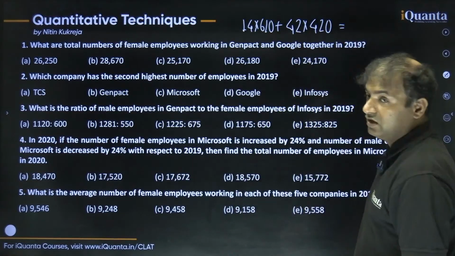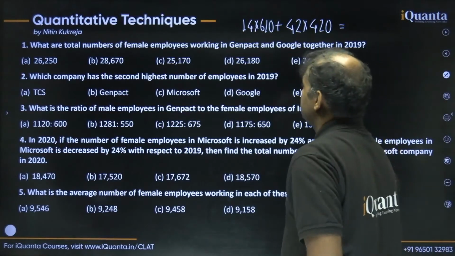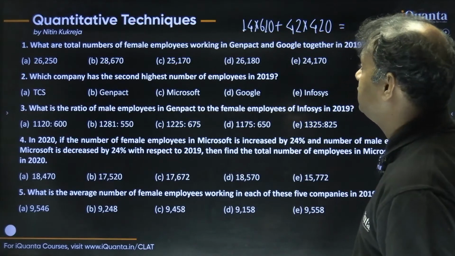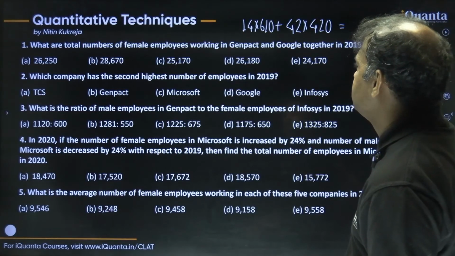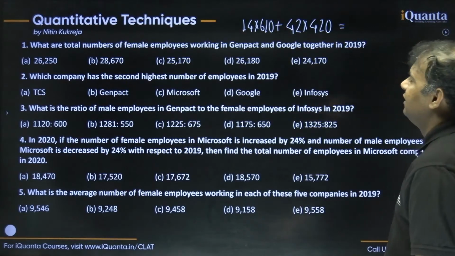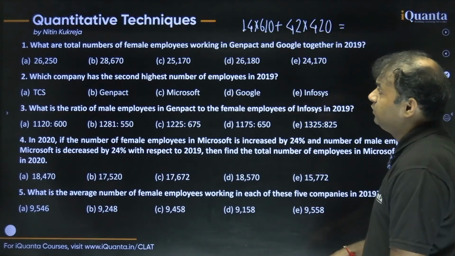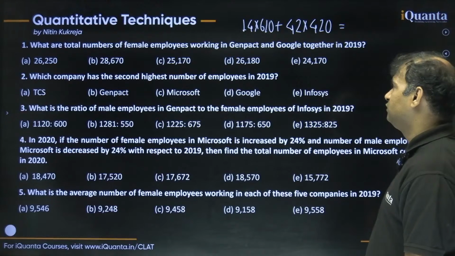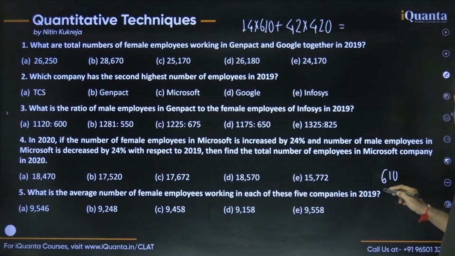So 14 into 610 is how much, guys? I think we should calculate with respect to 61. 61 tens is 610, and 61 fours is 244. 610 plus 244 makes us how much?